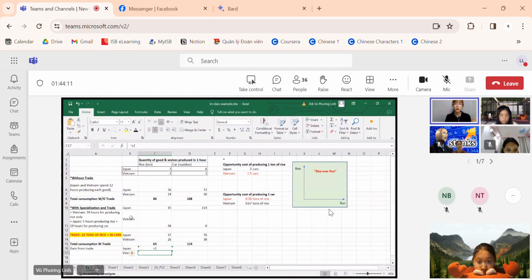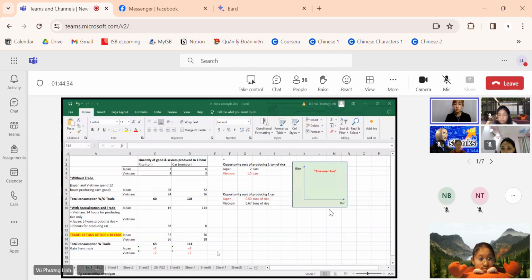So we can consume 2 more tons of rice. And also for Japan, we have 72 cars, but now 76. So 4 more cars. And for Vietnam, 36 and 38. So 2 more cars.